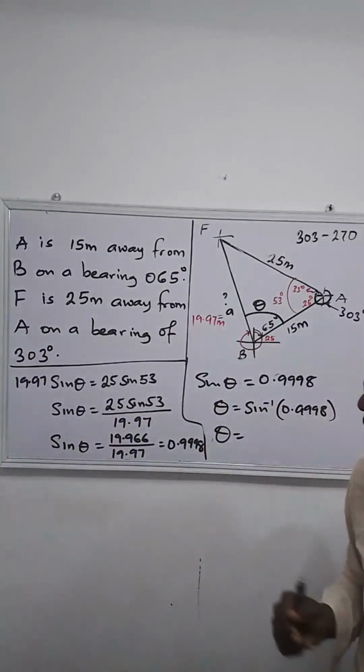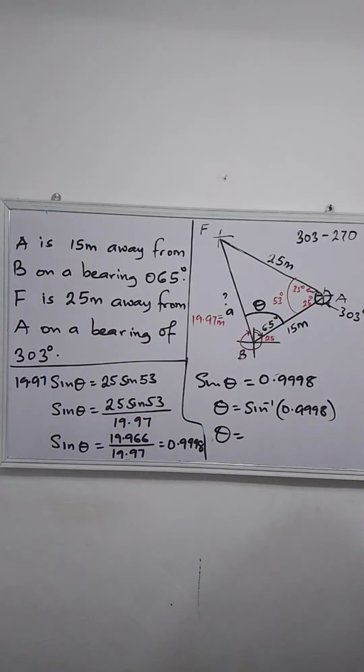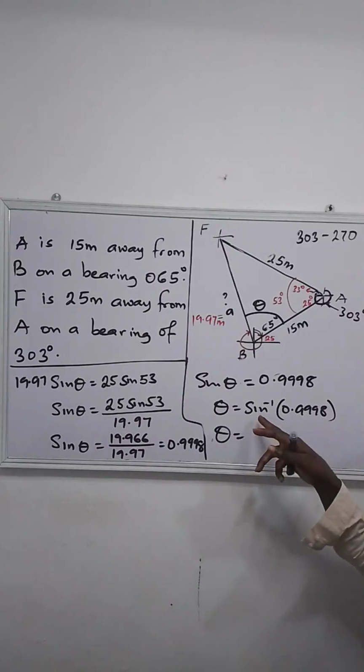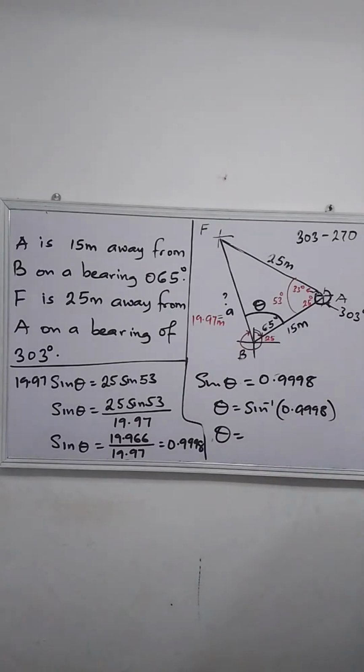So arc sine of that. You just press shift sine and you put this value there. So what do you have?